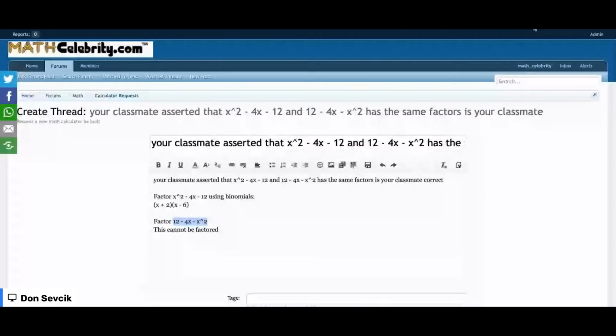I want to go off screen here real quick. Check something. Oh, yeah. I'm wrong again. Okay. It is actually factored like this.